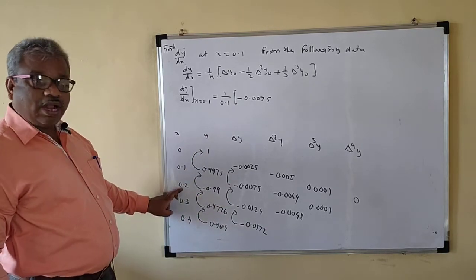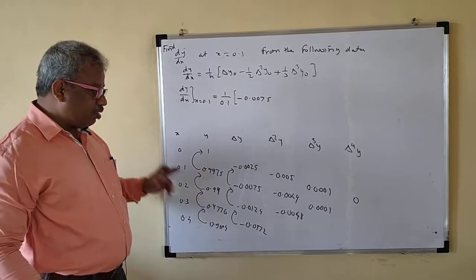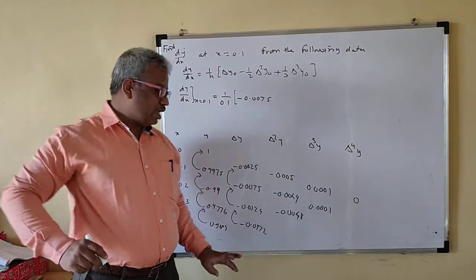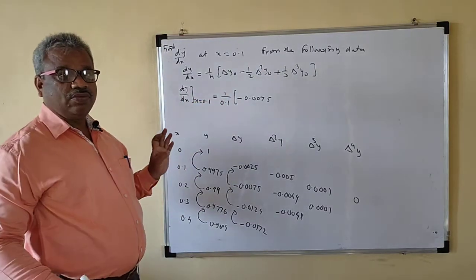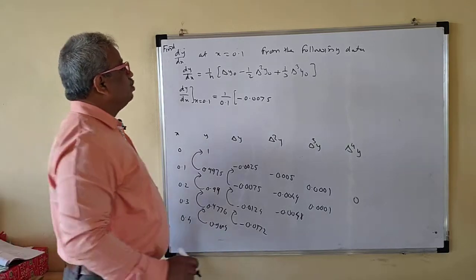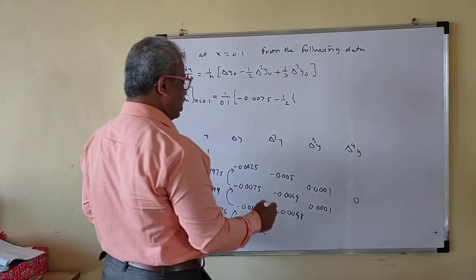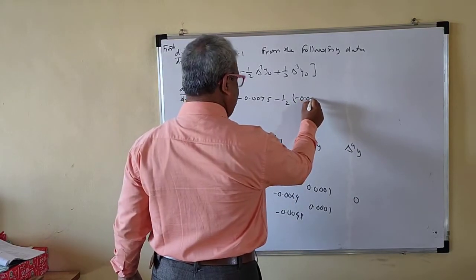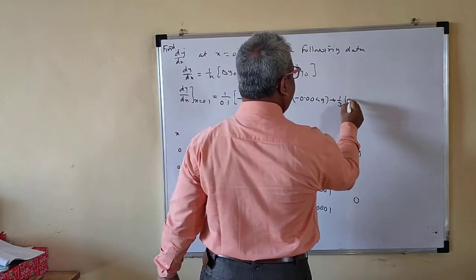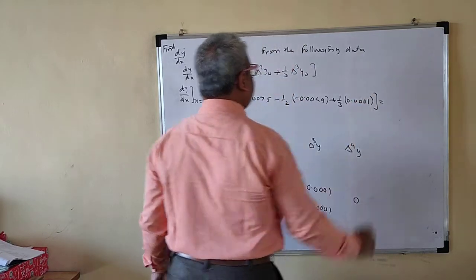So if you want to find the derivative at 0.2, then you have to take the third value of each column. Then your formula will be only up to del square only, because the third value is not there. So your formula is closed here now. Del cube y naught will be 0 if your x is 0.3. So now the second value you have to put here, minus half, second value of this, minus 0.0049, plus 1 by 3, the second value is 0.001, and you have to write this value.